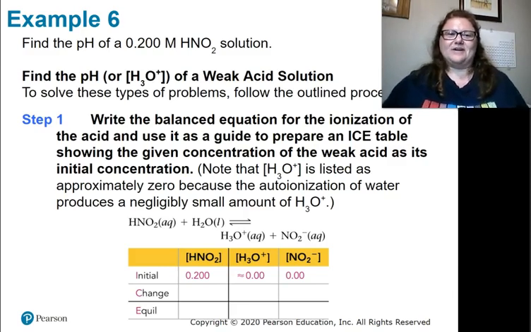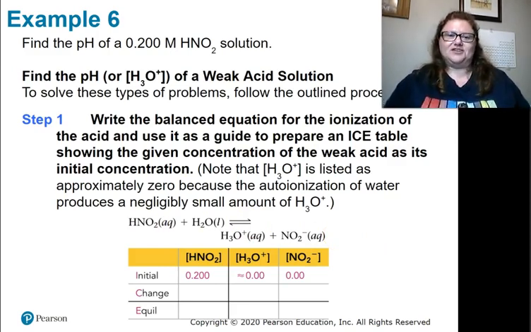Okay, so here we are at example 6. The pH of a 0.2 molar nitrous acid, HNO2, solution. And so this is a weak acid. And so now we have our equation. Because it's a weak acid, we have to write it as equilibrium, which means ICE table.